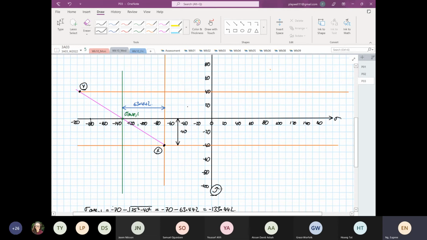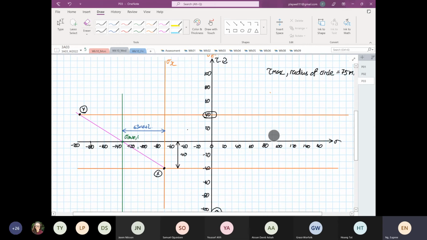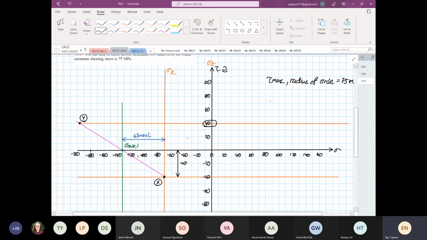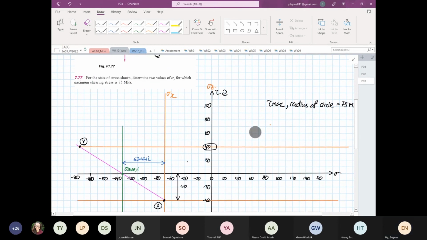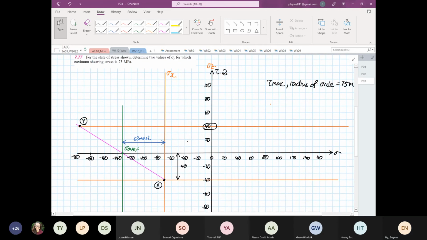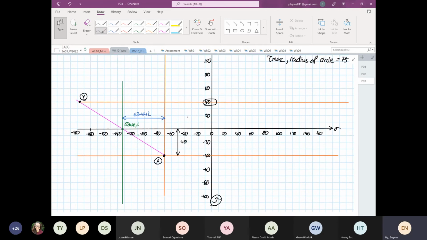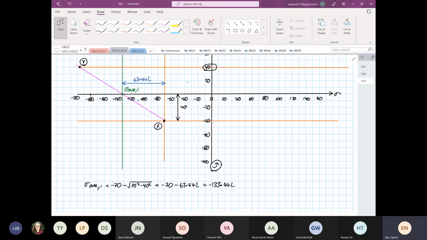Now, y is at that position where it crosses the positive 40 or the clockwise 40 rotation of the element, because as you can see down here, this Y value has a shear of 40 megapascal. Okay, so we got that. So to find where stress Y is, it's real straightforward. Okay, so I call it stress Y1.